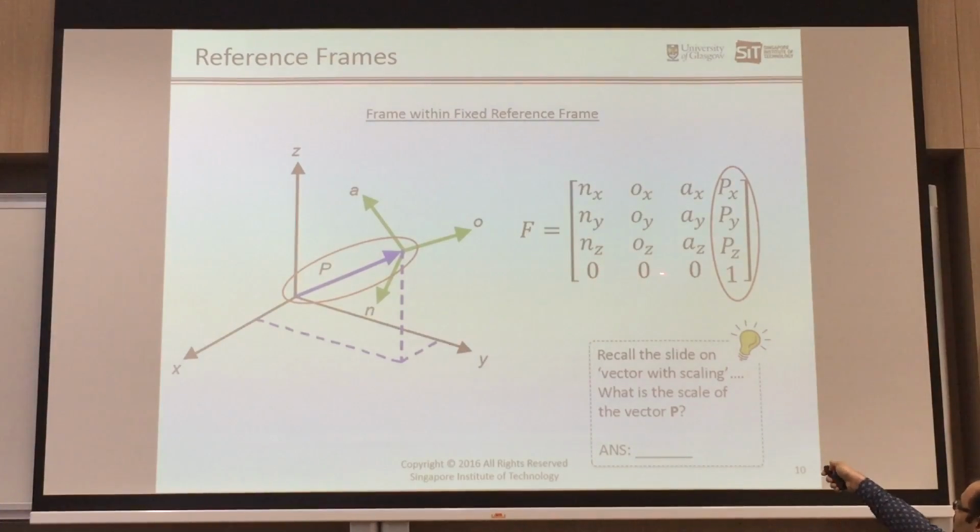These 4 elements at the bottom will always be 0, 0, 0, 1. If you get something else, your calculation has some issues. Every transformation matrix will have 0, 0, 0, 1 at the bottom. When you multiply them together, you will also get 0, 0, 0, 1.